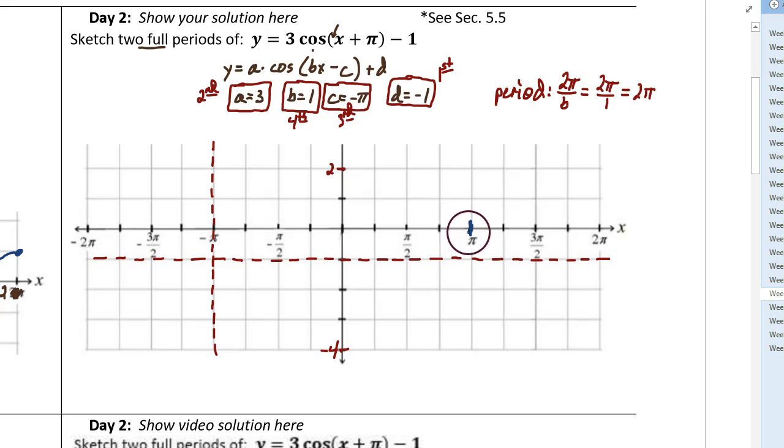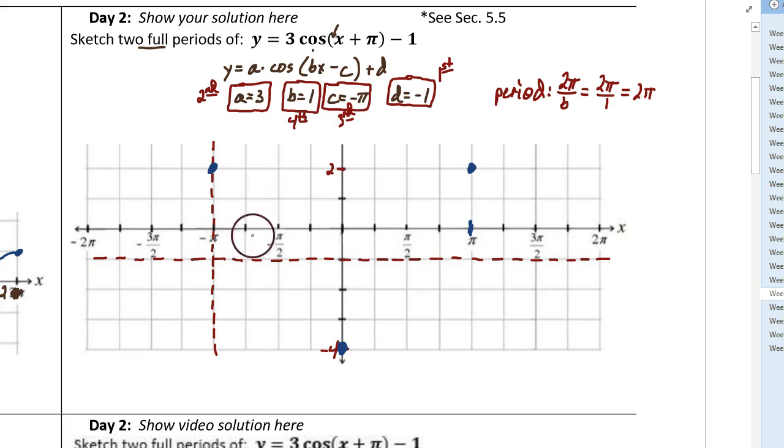That's 1 period. Now, let's find our first dot along this vertical dashed line. For a normal cosine function that doesn't have that phase shift adjustment, the dot on the y-axis is at the maximum. So for ours, the dot will be up at a height of 2. After 1 full period, you're back at a height of 2. Halfway between this spot and this spot is where the dot is at the minimum.